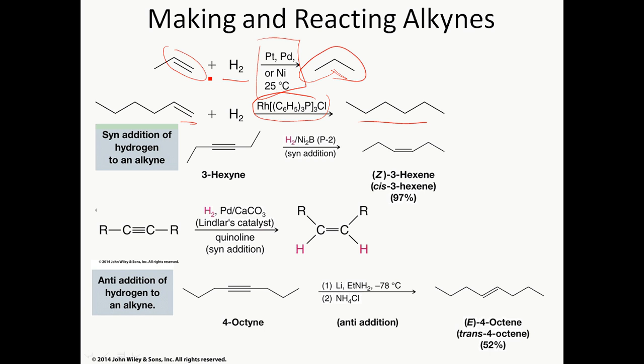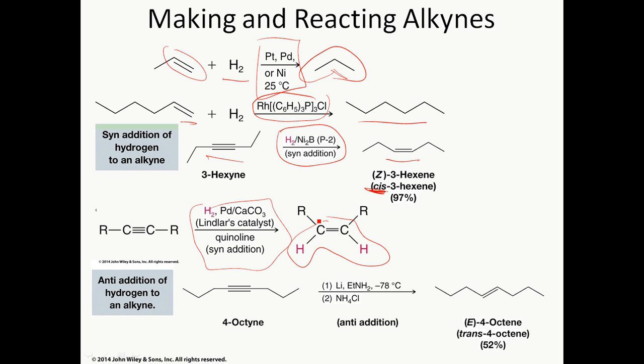But if, say, for example, you wanted to start from an alkyne and stop at an alkene, you can do that with certain reagents, but you have to pay attention to whether you want a cis or a trans double bond. So in the case of using this P2 catalyst, you can actually take a triple bond to a cis double bond. But you can also use, in this case it's not stereospecific, but if you use the Lindlar catalyst, you can get a syn addition as well and get a cis double bond.